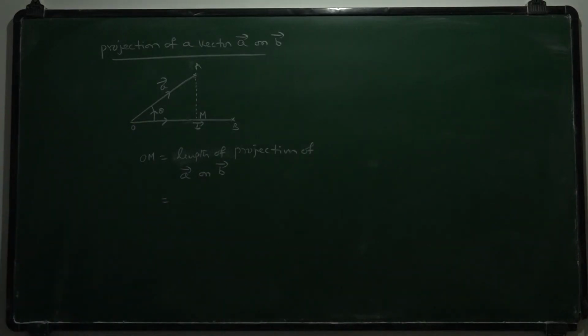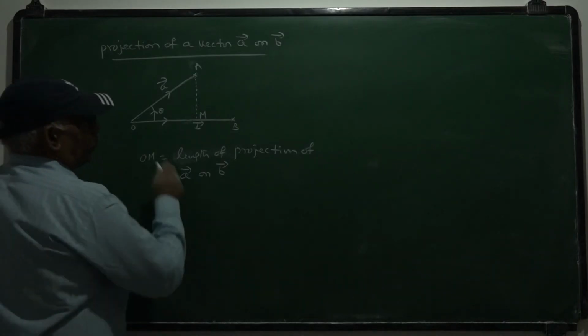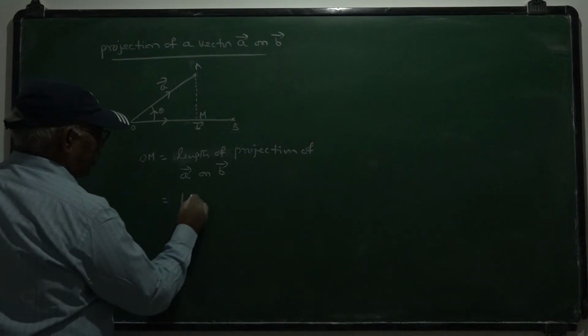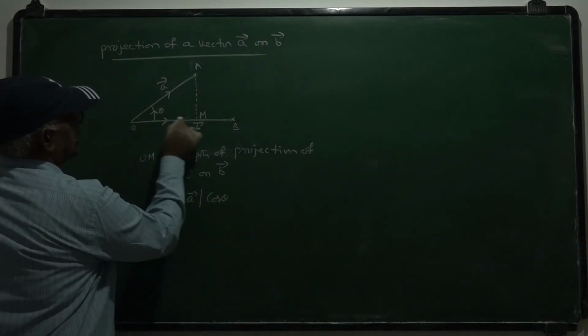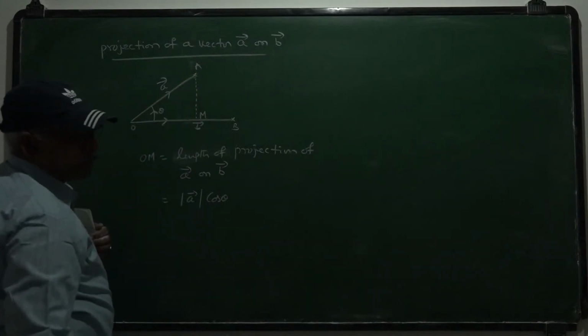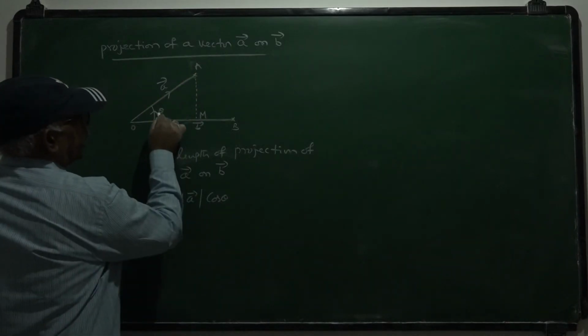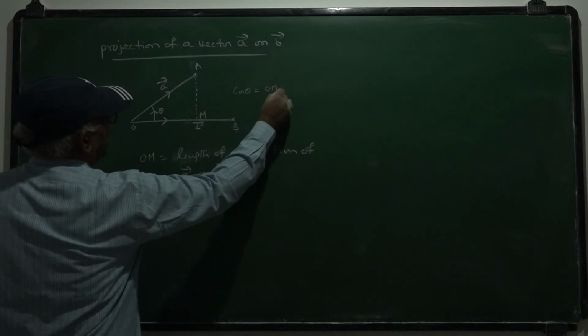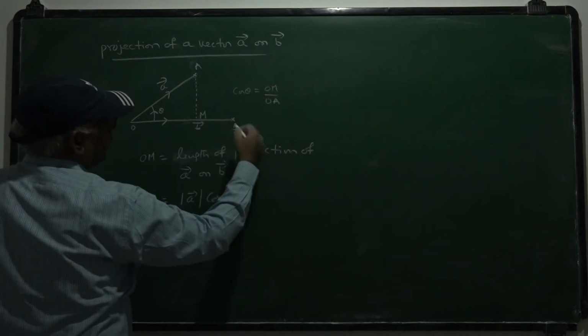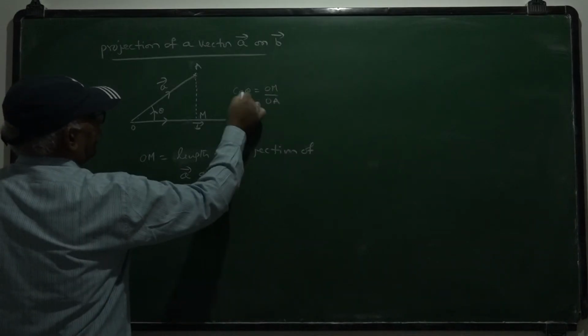The length of the projection of A bar on B bar, OM, is given by mod A bar cos theta. From this triangle, cos theta is OM by OA. So OM is OA cos theta.